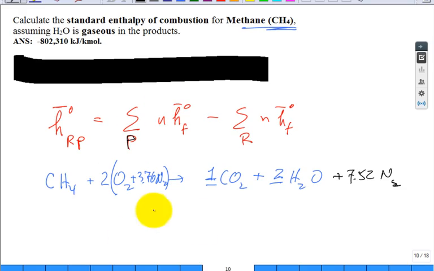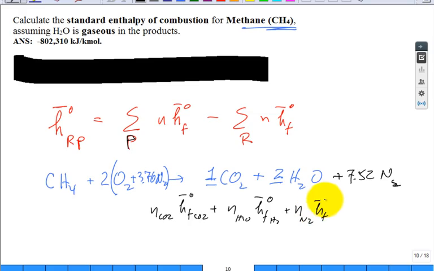All right. So if I make this calculation for each of the products, I'm going to have the stoichiometric coefficient of the CO2, and then the enthalpy of formation of the CO2, plus the stoichiometric coefficient of H2O, enthalpy of formation of H2O, and then the stoichiometric coefficient of the nitrogen, enthalpy of formation of the nitrogen, minus.